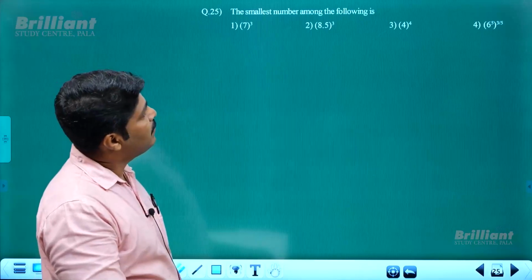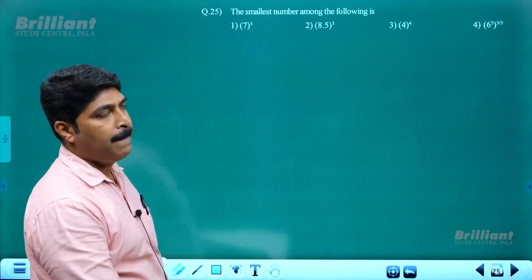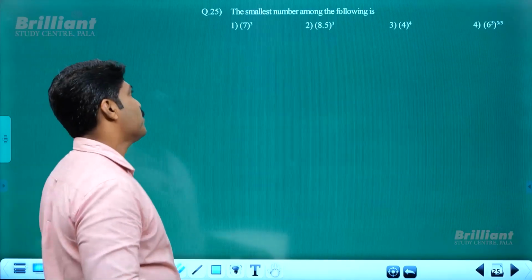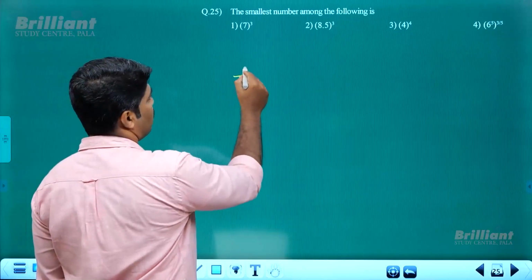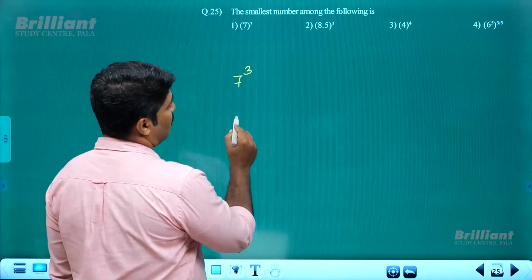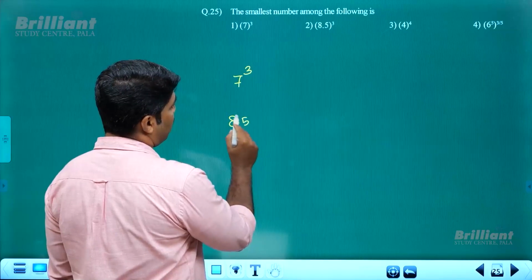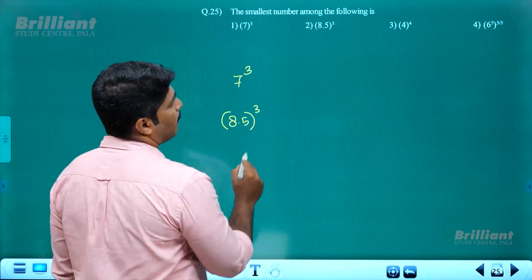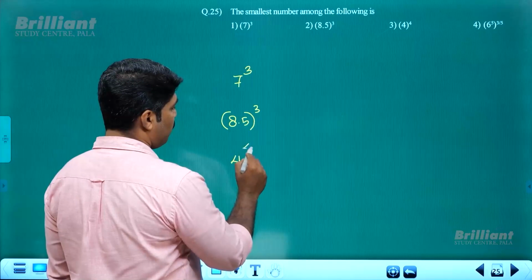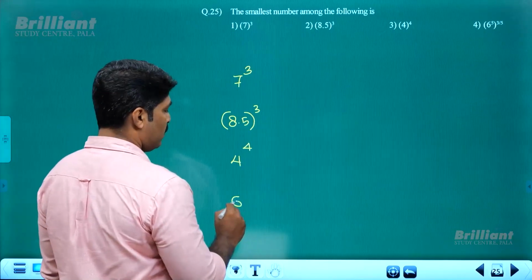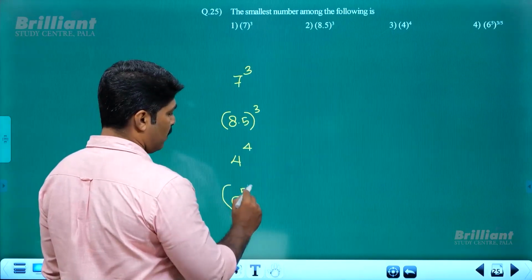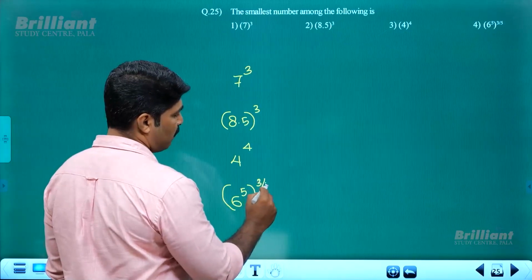The smallest number among the following. While we are considering the smallest number here, the first one has 7 cube. Second one has 8.5 the whole cube. Third one, 4 raised to 4. The last one, 6 raised to 5, the whole raised to 3 by 5.